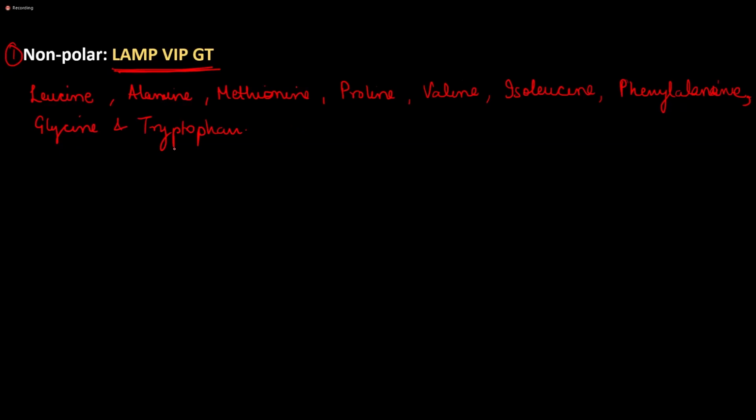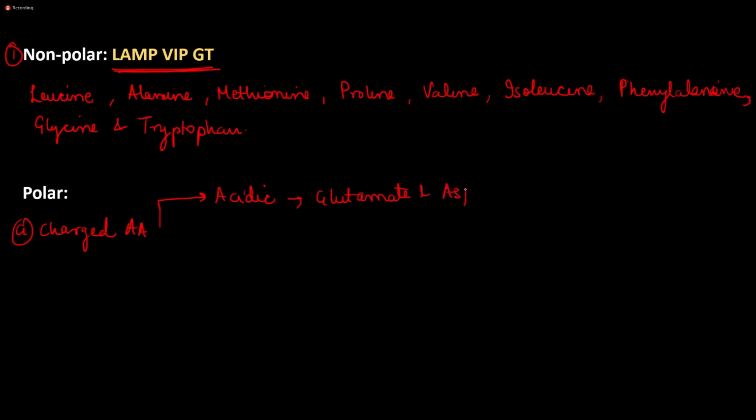Now, if we talk about the polar amino acids, in the polar we have different subcategories. The first one is charged amino acids. What are charged amino acids? The charged amino acids can be either acidic, and the examples we saw were glutamate and aspartate, right? And the basic amino acids are also charged.